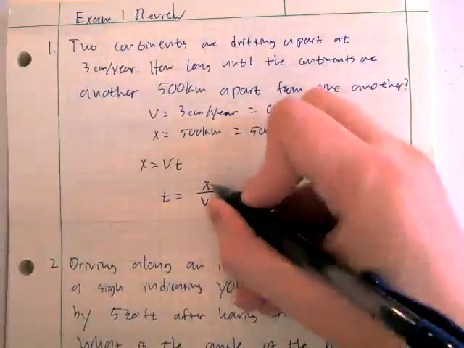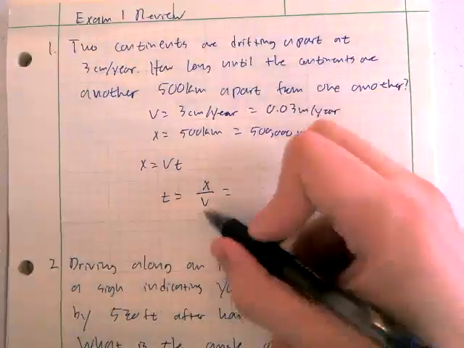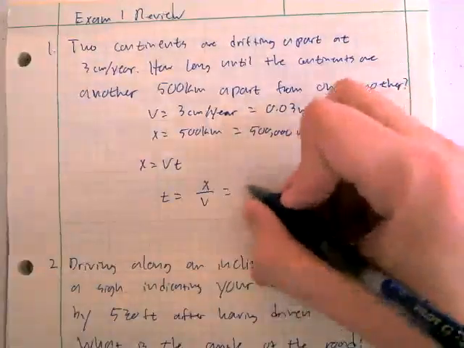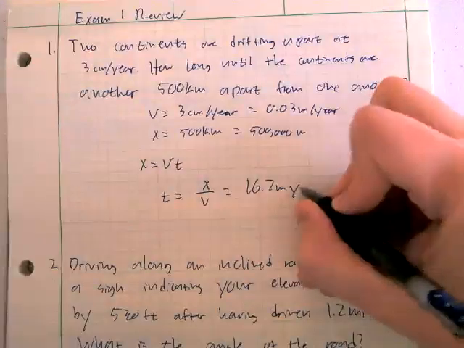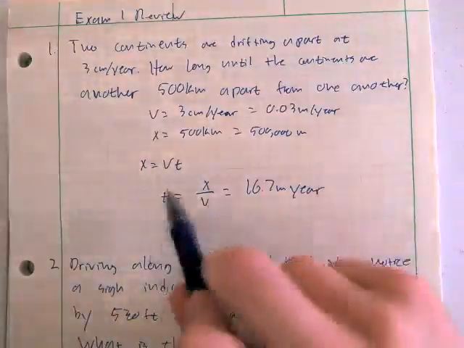Our distance is 500,000 meters, and our speed is 0.03 meters per year, right? 3 centimeters per year. And so what we get is about 16.7 million years. Again, just a very simple distance equals rate times time.